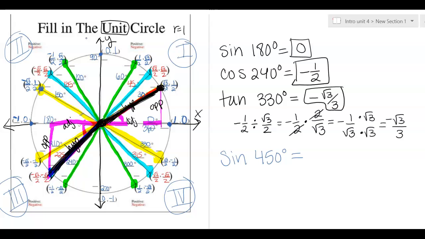So once around the circle is 360. How much more do I have to go to be equal to 450? If you're not sure, you're literally going to take 450 and subtract 360 from it. And you get 90, okay? So 450 is an entire lap around the circle plus 90 extra degrees. That means 450 and 90 are the same, but not the same, right?